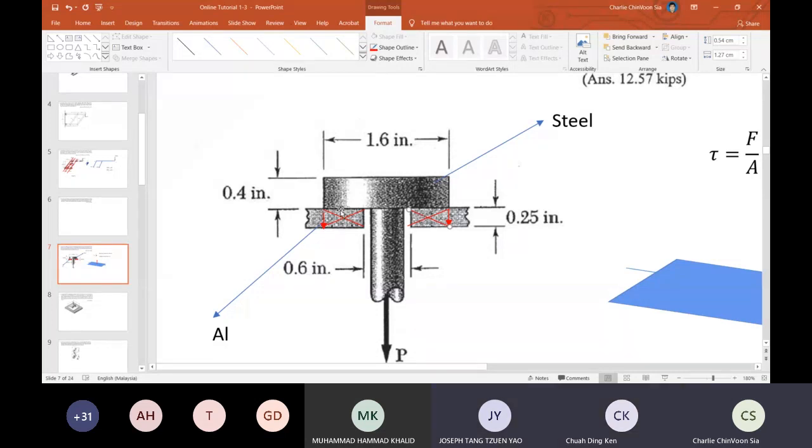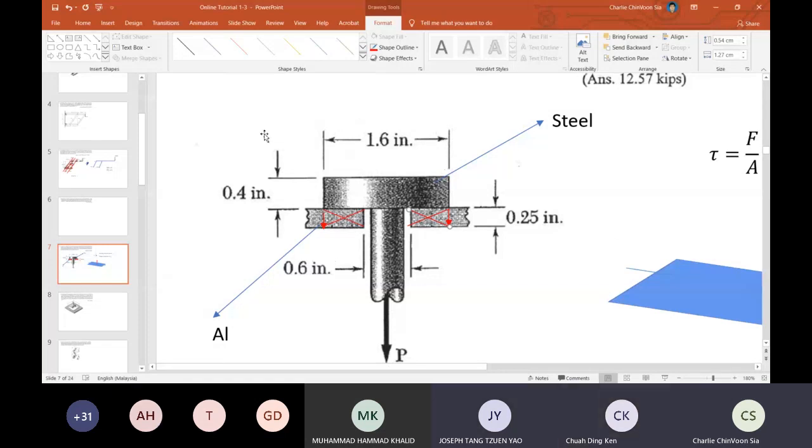Okay, so where is the contact area, in the same direction as the force from the aluminum? It's the one marked red, isn't it? Yes, because this one falls out.